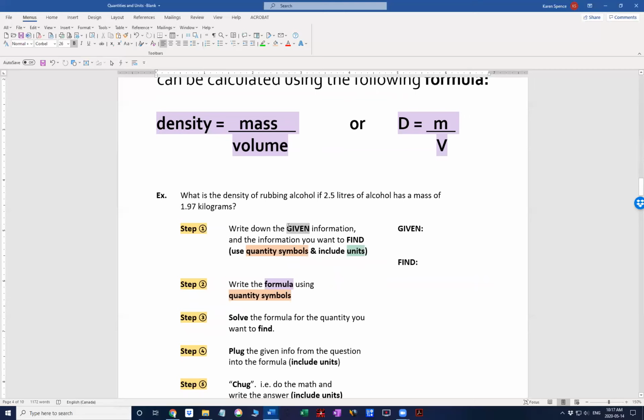Again, we are going to write down the given information, given. So we are given 2.5 liters. What is 2.5 liters measuring? What quantity?